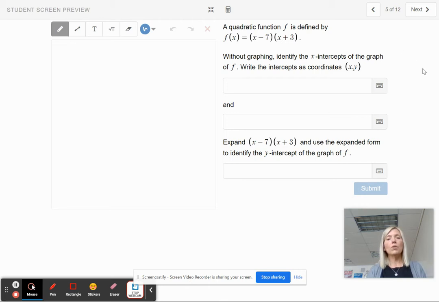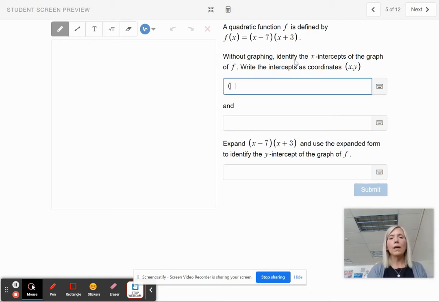Okay, then we want to talk about an equation that's in factored form, x minus 7 times x plus 3. To first identify the x-intercepts, just remember, the x-intercepts are the value of x that makes that factor equal 0. So for x minus 7, when x is 7, it's going to equal 0.